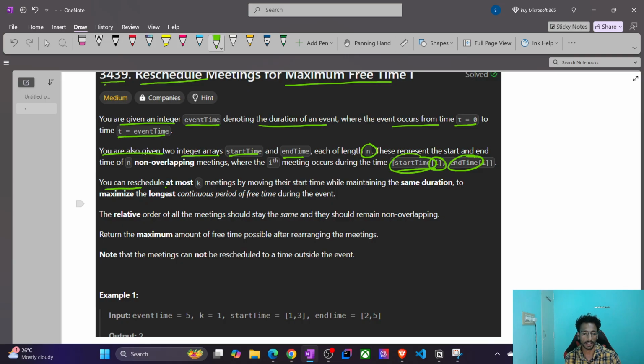You can reschedule at most k meetings by moving their start time while maintaining the same duration, to maximize the longest continuous period of free time during the event. The relative order of all the meetings should stay the same and they should remain non-overlapping. You return the maximum amount of free time possible after rearranging the meetings.